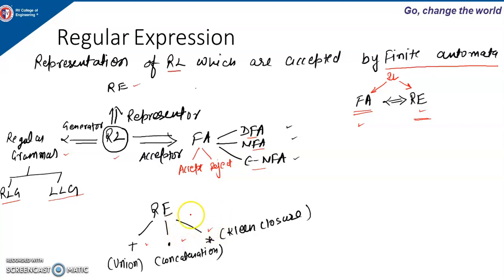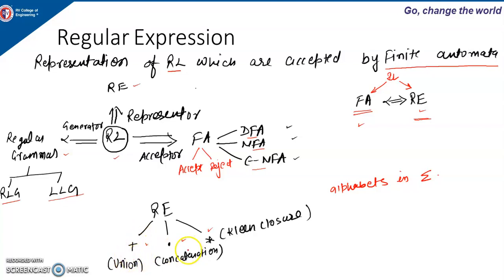We will be writing the alphabets in sigma. We know sigma is the symbol used to represent the alphabet, and these operators we will be using.